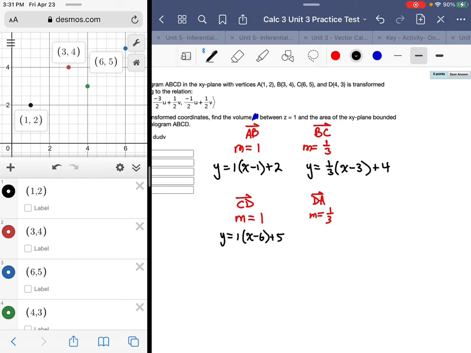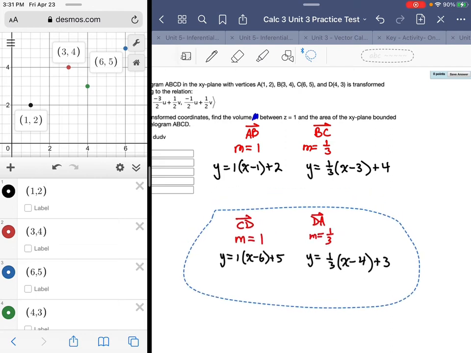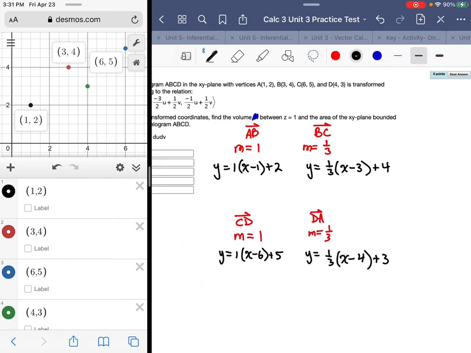Just grabbing a point that you know is on the line and putting it into the point slope form. And then y is equal to 1/3 x minus, it doesn't really matter, I'll go with the D value, so 4 plus 3. You can clean it up a smidge, get it into slope intercept or standard form, so many different possibilities.